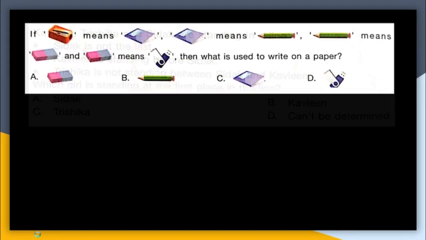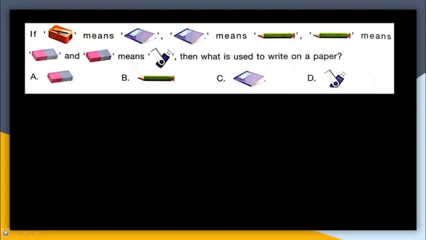If sharpener means book, book means pencil, pencil means eraser, and eraser means pen drive, then what is used to write on a paper? How will we solve this question? Let us first try to understand what is given here. It is said that sharpener means book, or I can say that in a certain code language, a book is called sharpener.